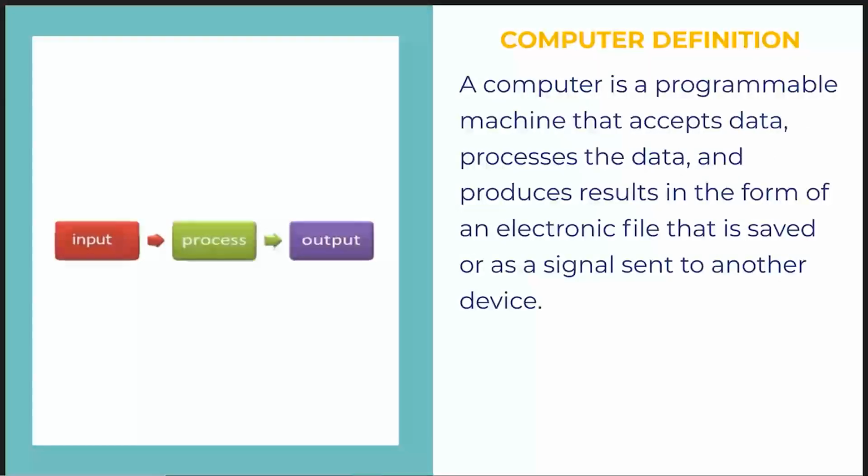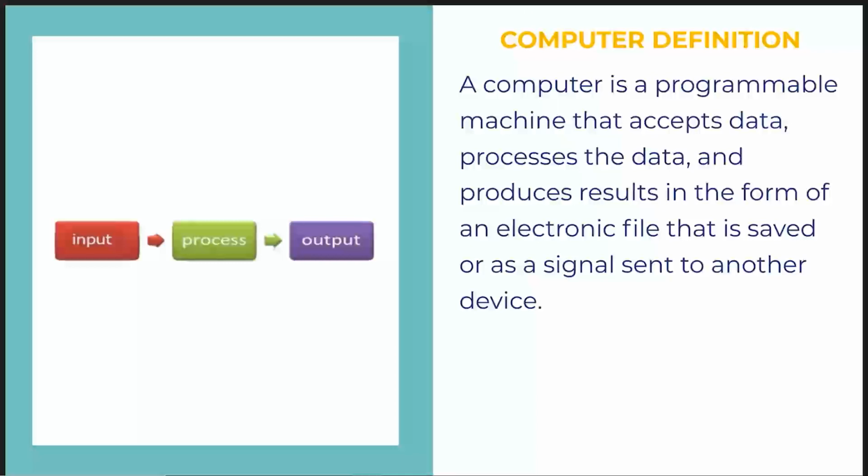Basically, there are three functions that a computer must perform. The CPU of a computer must take in input, process that input, and give it out as output directly or by saving it on a drive.